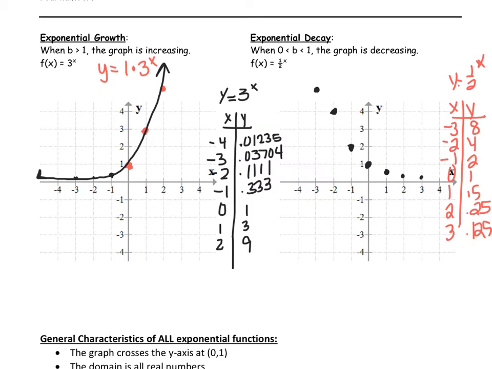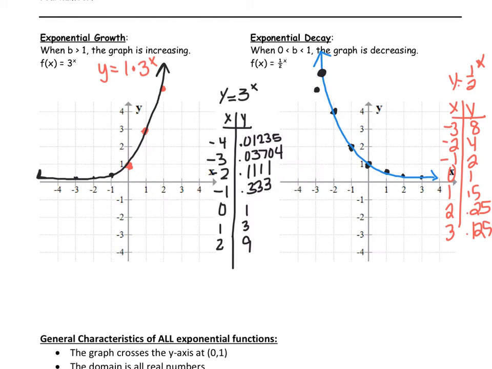So if we connect these, this probably should go up a little bit more. Maybe we'll move that point. It's just a sketch up here. Okay, so these are your two graphs. This is exponential growth, it's growing. This one's exponential decay, and it's decreasing.